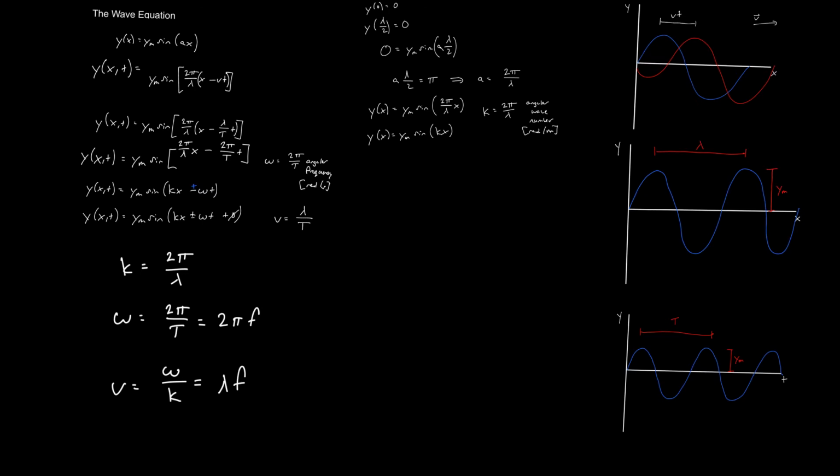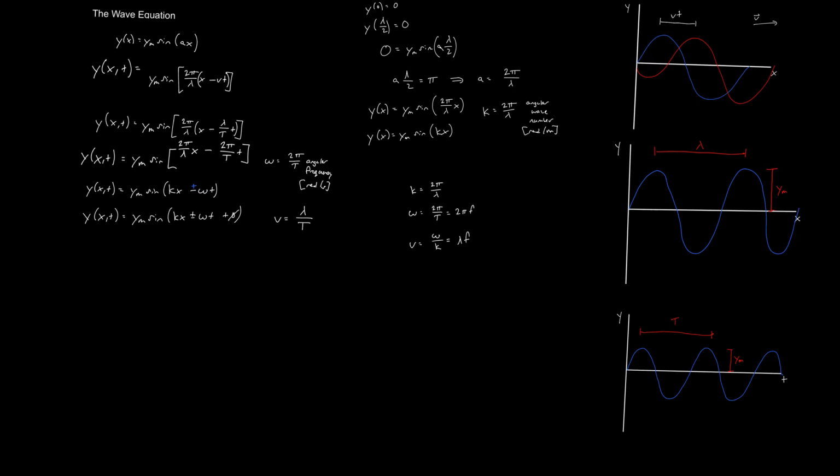And if we look at that one more time, so let's write that out again. Okay, again, y sub m, that's the amplitude or the maximum value of the displacement in the y direction. k, angular wave number.